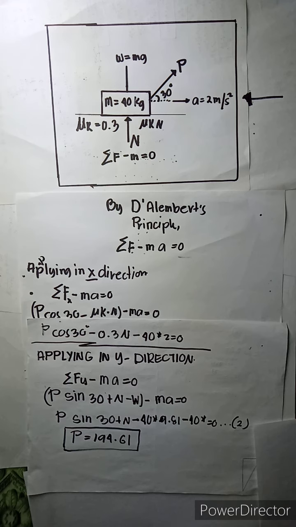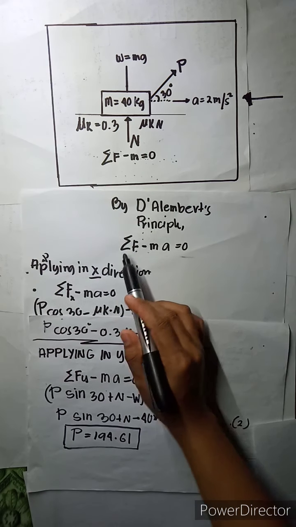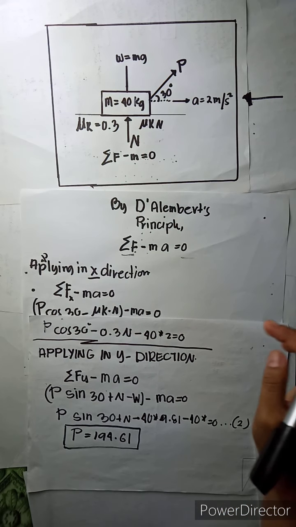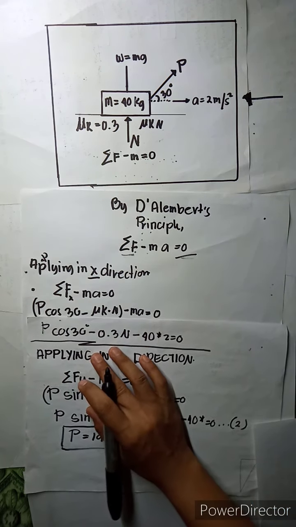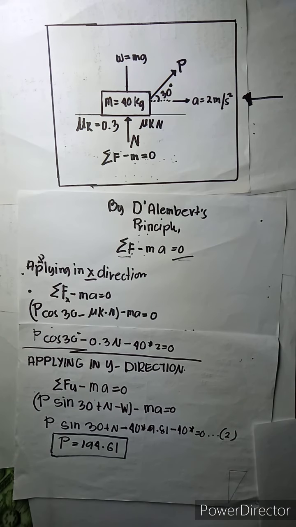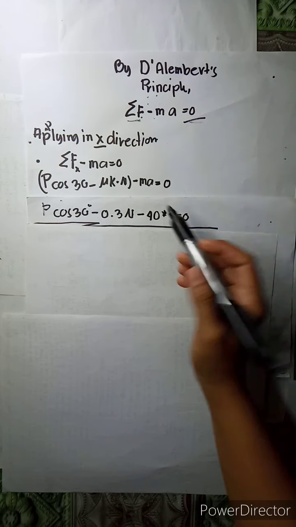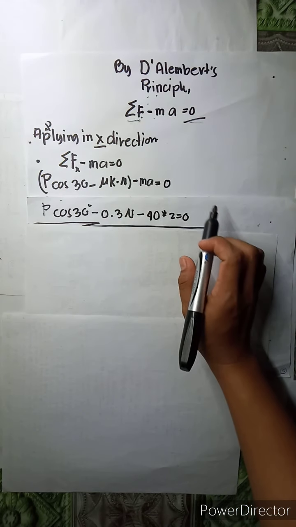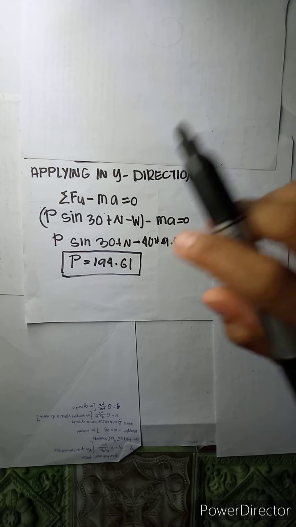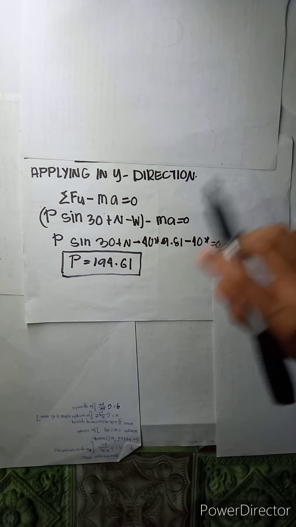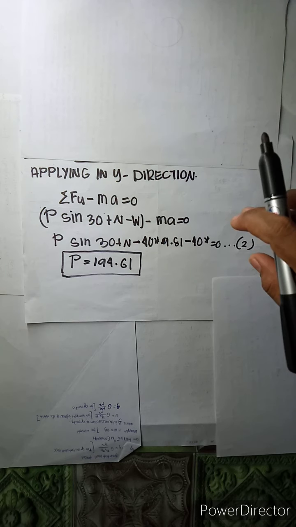Therefore, by D'Alembert's principle, the summation of all forces and the product of mass and acceleration is equal to 0. Now, applying the principle in the x direction, we get equation 1. And now, applying the principle in the y direction, we get equation number 2.